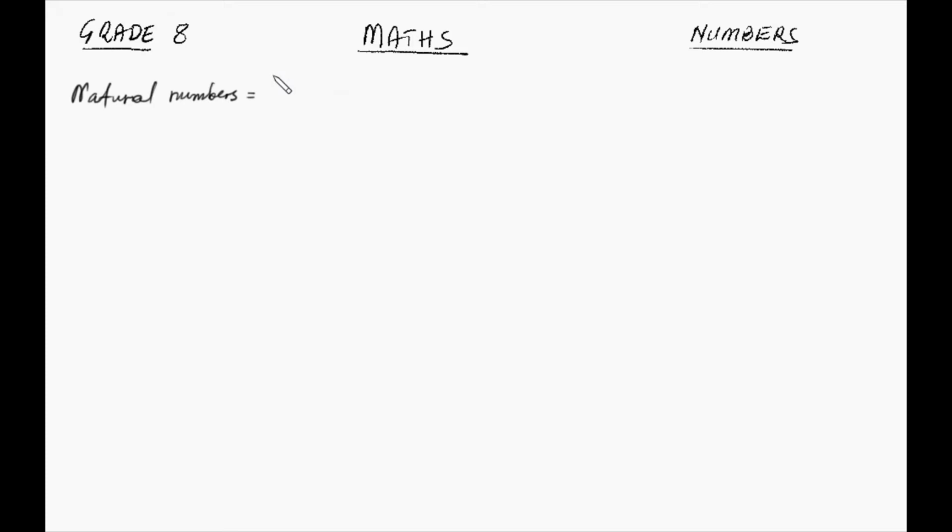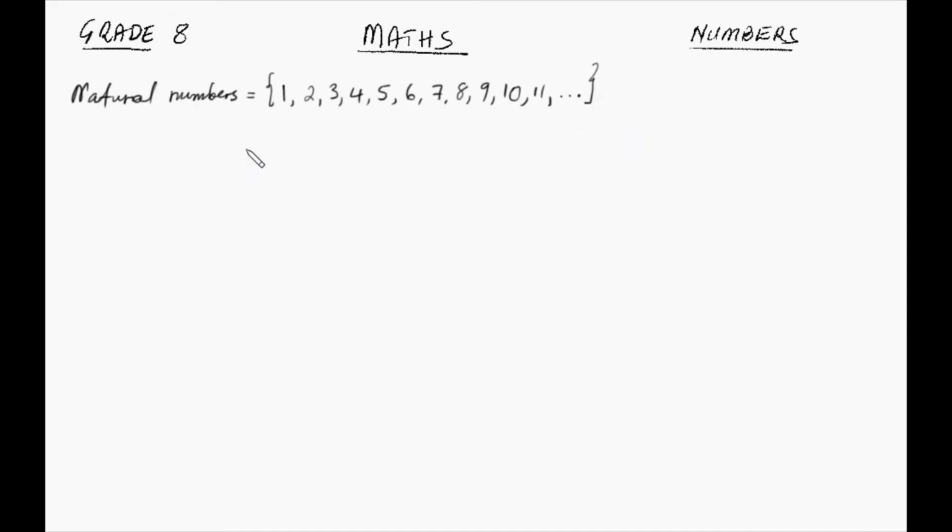So we can say a set of natural numbers would be 1, 2, 3, 4, 5, 6, 7, 8, 9, 10, 11, and so on. That means our set here is infinite. It has no ending.